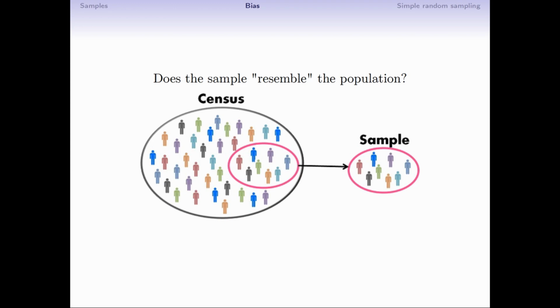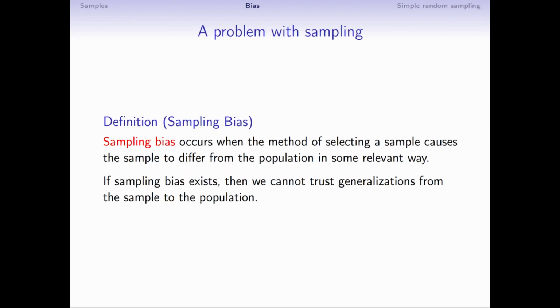Now, all I want to do in this little subsection on bias here is give some names to some typical types of bias and study some classic examples of these forms of bias, just so that you're aware that they're out there. And if you're doing a statistical study, you won't fall into the same kinds of traps. Okay, so let's take a look at what's called sampling bias.